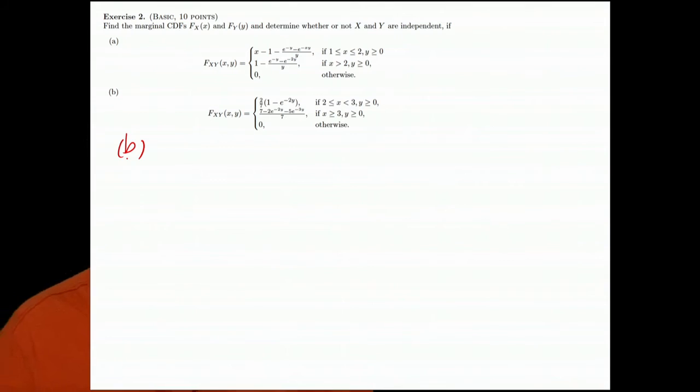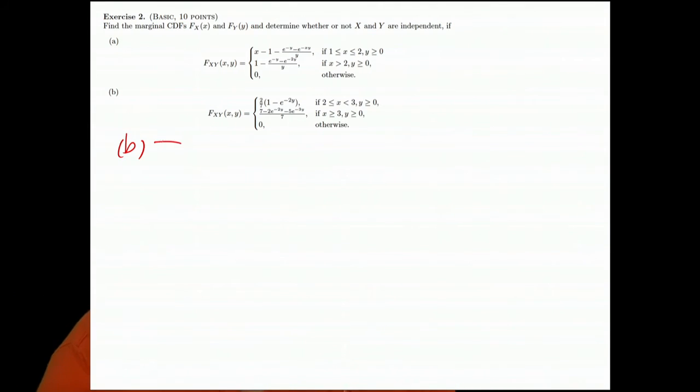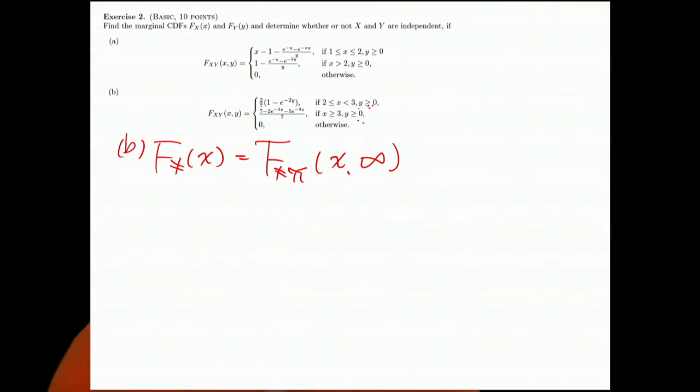Let's find part B. Again, we want to find the CDF of x, so I need y to be infinity. Y here, both are greater than 0 to infinity. Now I just let y be infinity.